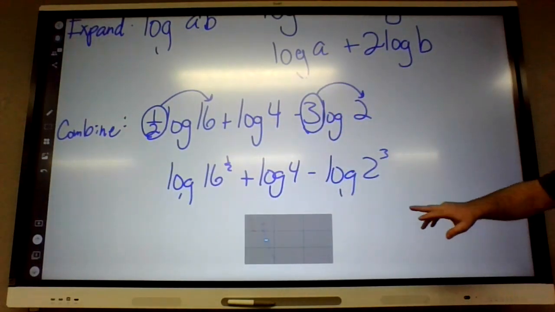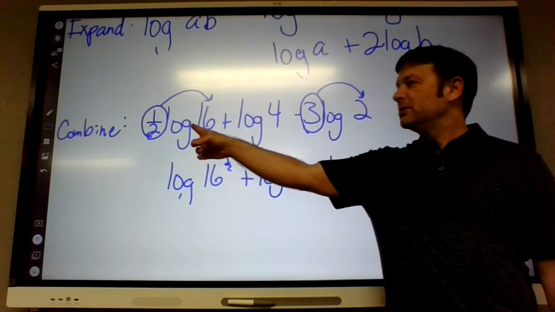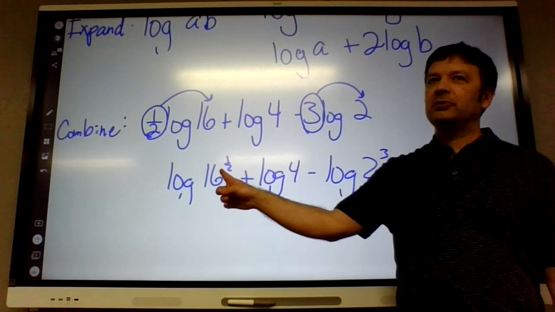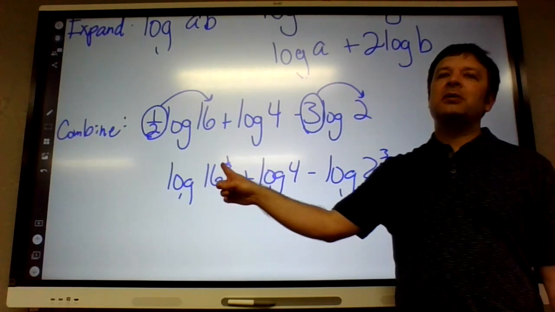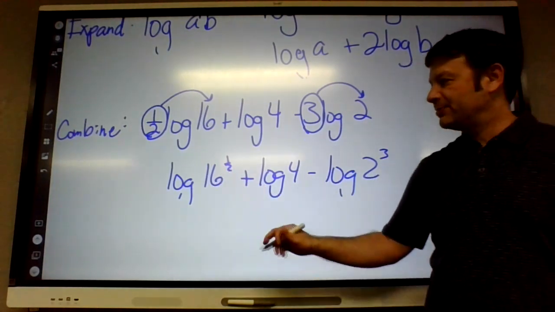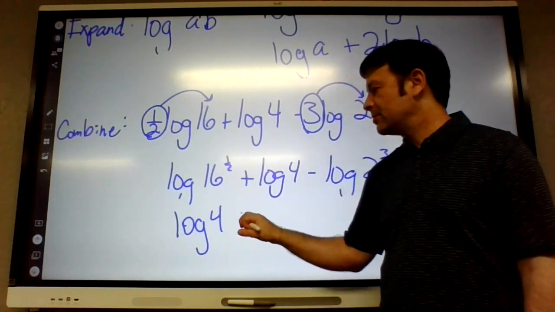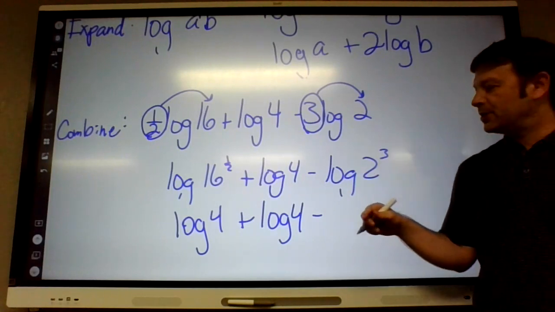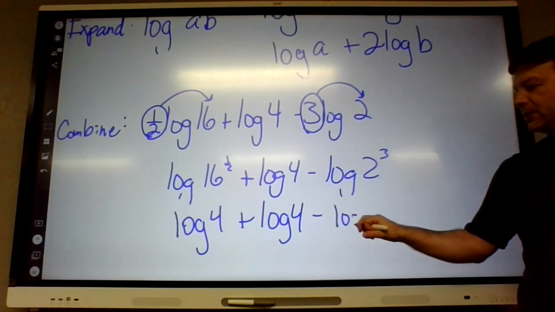What is 16 to the 1/2 power? 4. Yes, it means like the square root of 16. So this would be log of 4 plus log of 4 minus, what's 2 to the 3rd? 8, minus log of 8.